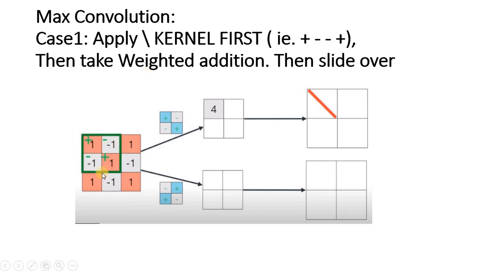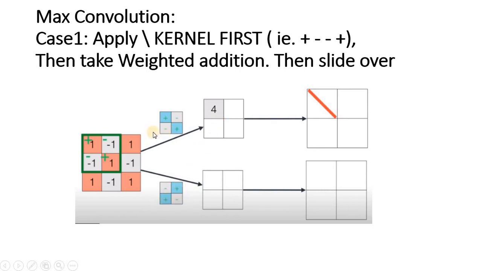You take this kernel and slide it over, bring it down, and slide it over again. First you do 4 operations with a kernel of backward slash. After that you do the same 4 operations with a kernel of forward slash, which is minus plus plus minus.